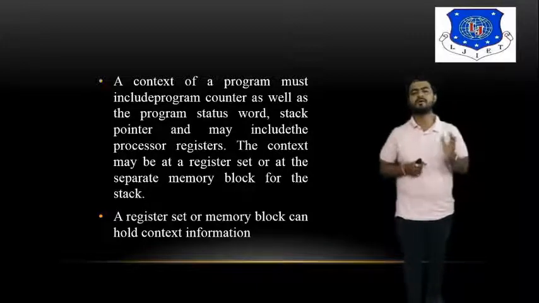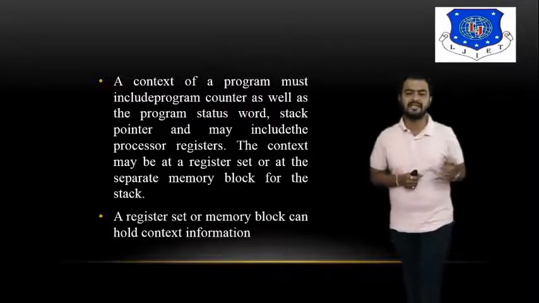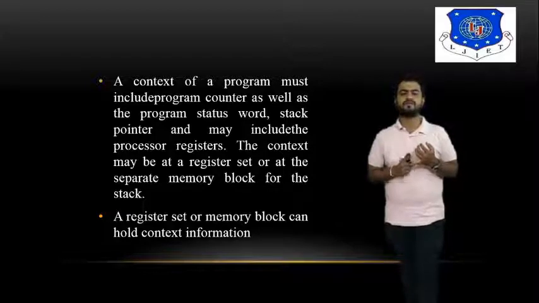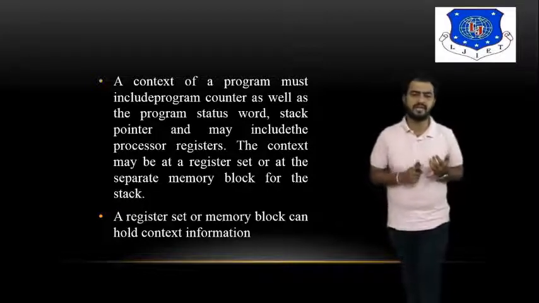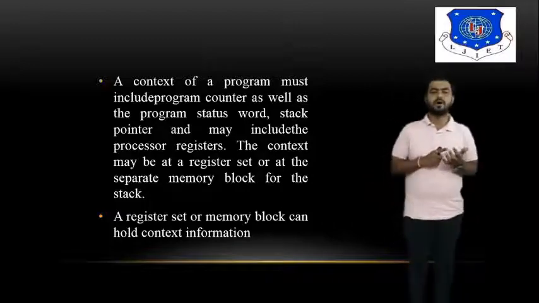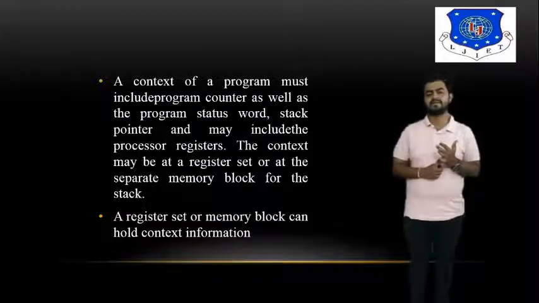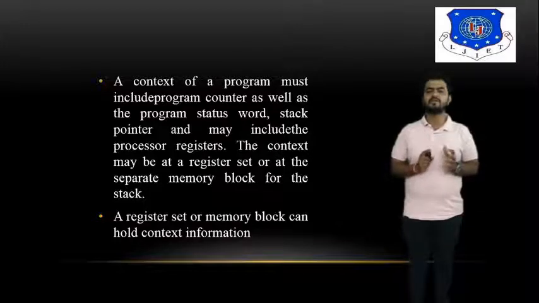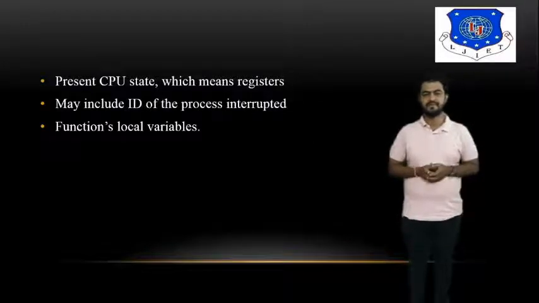So when we're talking about the context, when we're talking about the data, then we have to take care of the different types of registers. We have to take care of the counters, status words, stack pointer, or different types of processor registers. So basically, when we're talking about the context, ultimately we have to discuss the registers.